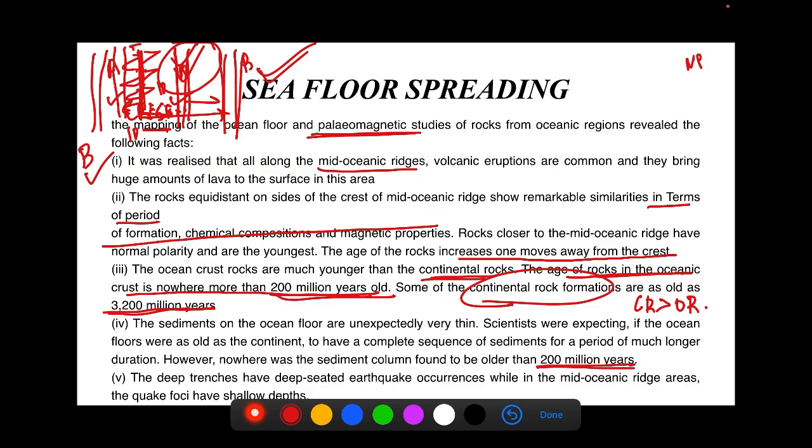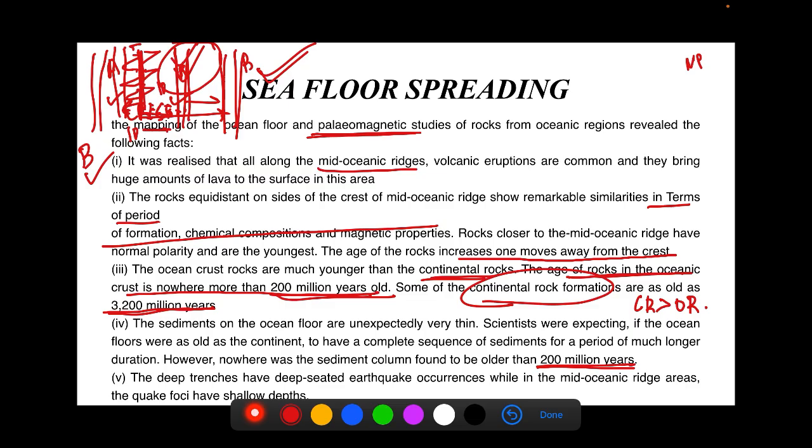This is similar to the above point, and it is proof of why the ocean floor is just 200 million years old and the continental floor is about 3200 million years old. Scientists have not found sediment accumulation older than this period in the oceans. However, the same are found on the continent.